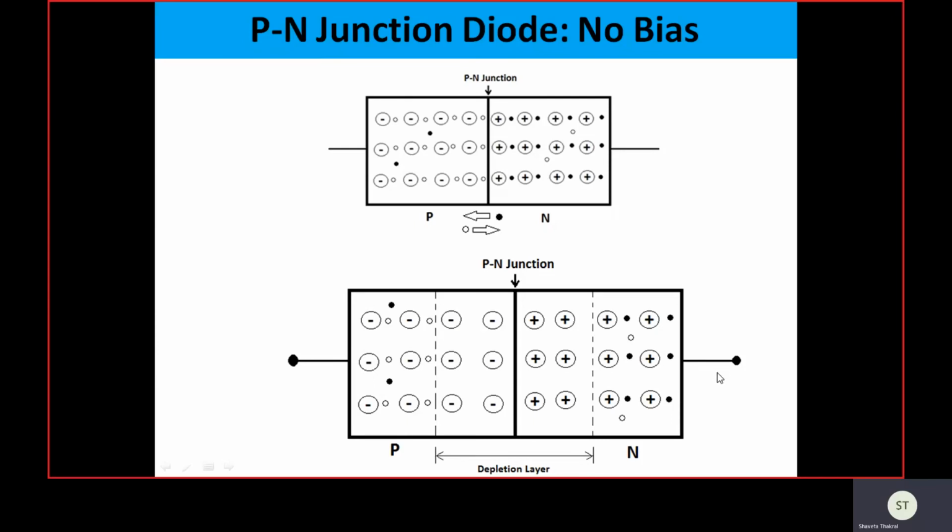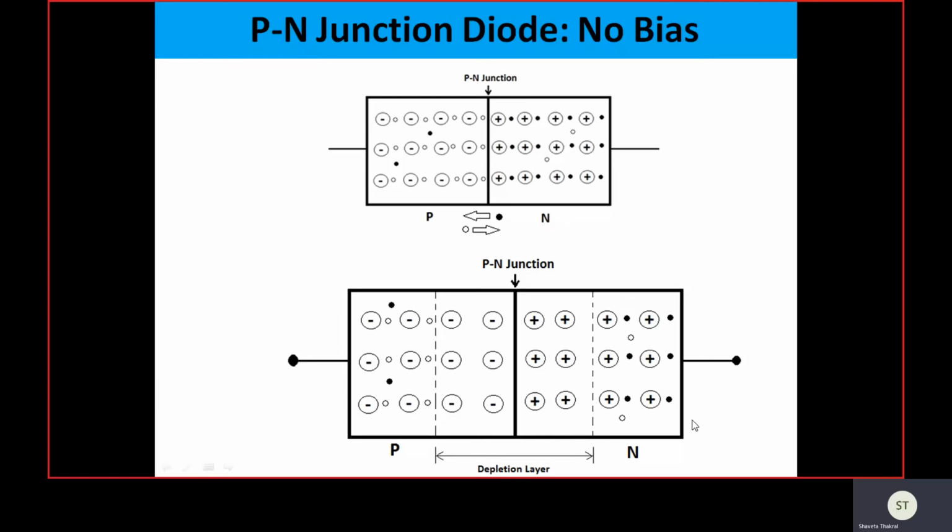In the case of no biasing, we know that the diffusion process starts automatically, and the diffusion process leads to formation of a depletion layer at the junction. Because of that, an electric field is established at the junction and a potential difference exists at the PN junction, called the cut-in voltage, knee voltage, or barrier voltage.